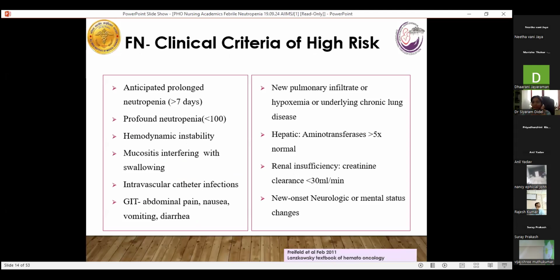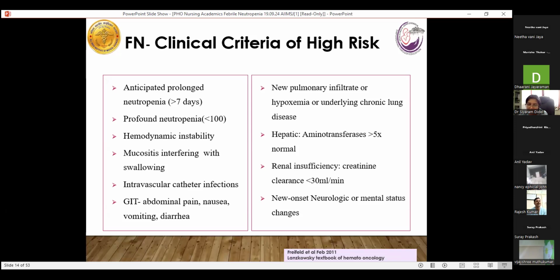Clinical criteria for high risk febrile neutropenia. In this, first of all, we have prolonged neutropenia, that is more than 7 days of neutropenia. Second, we have profound neutropenia, that is less than 100 ANC. Then there is hemodynamic instability, mucositis which is interfering with swallowing of food items, and intravascular catheter infections.